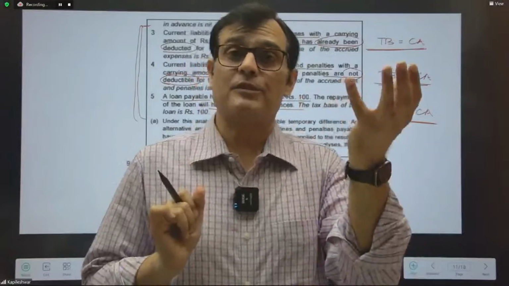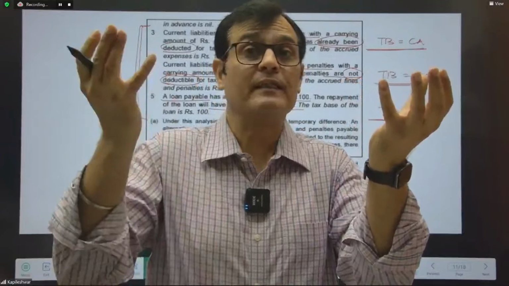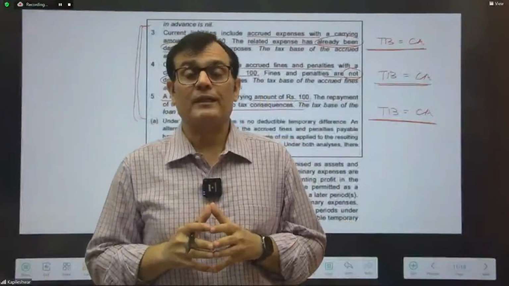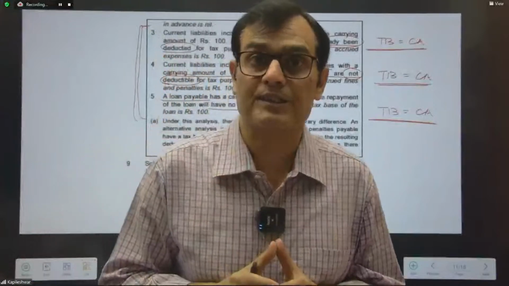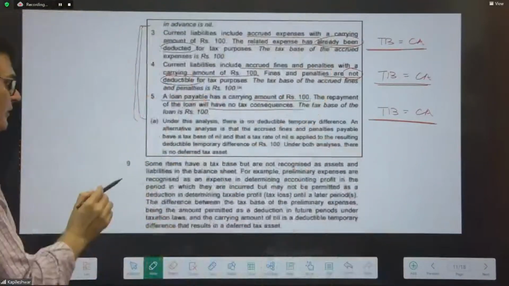There are items in the balance sheet for which a carrying amount is given, and you're calculating a tax base. But can there be situations when the carrying amount is not in the balance sheet, but it does have a tax base? Yes. The standard gives you another caution area, and that is given out here.